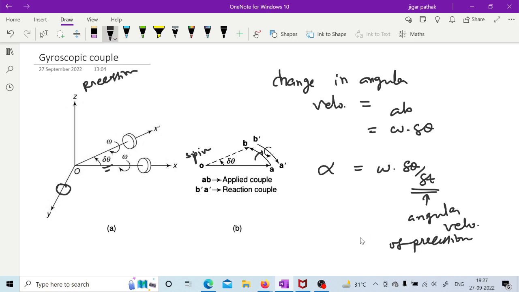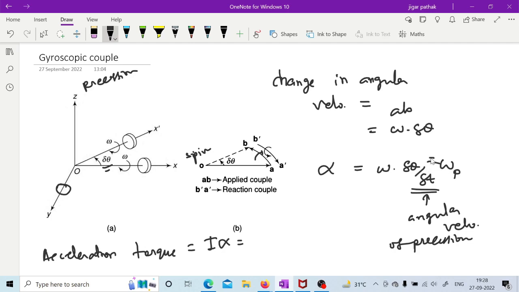right? So once you have this angular acceleration with you, now you can write the accelerating torque, right? So this torque is I into this angular acceleration alpha. Here this angular velocity of precession can be considered as omega p.